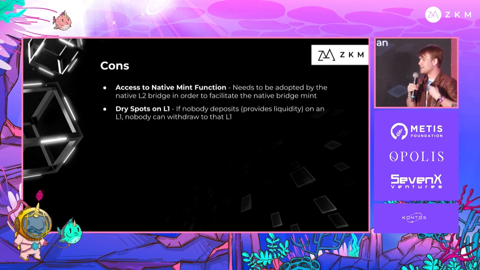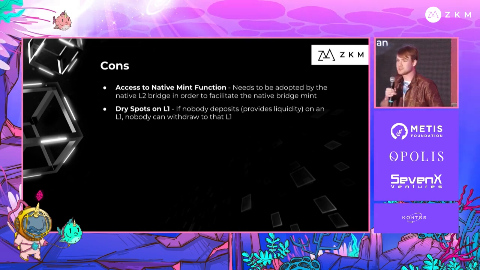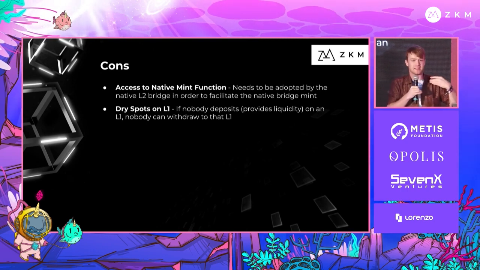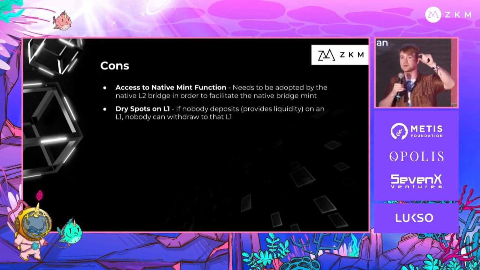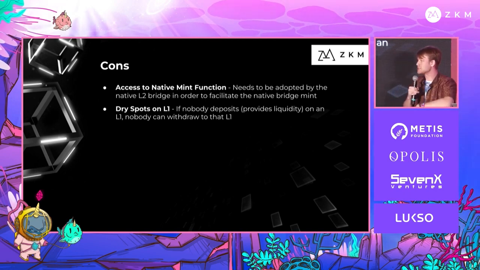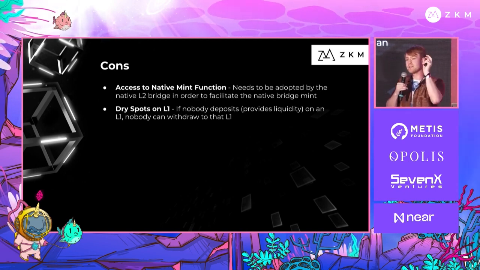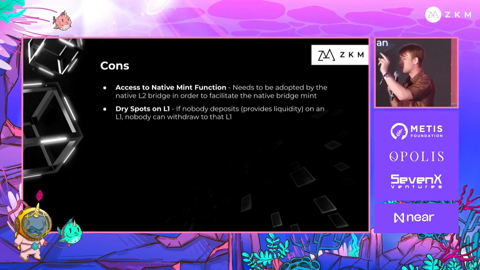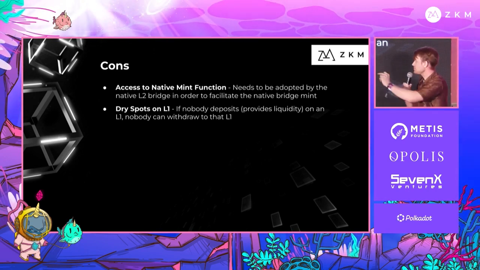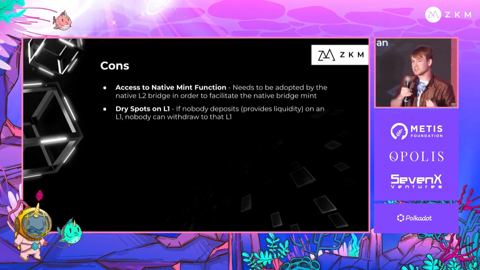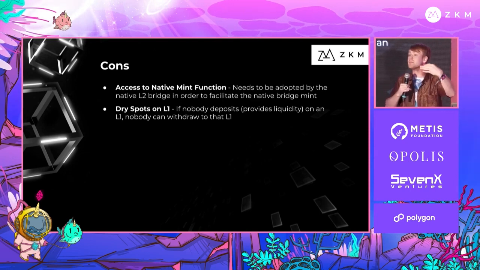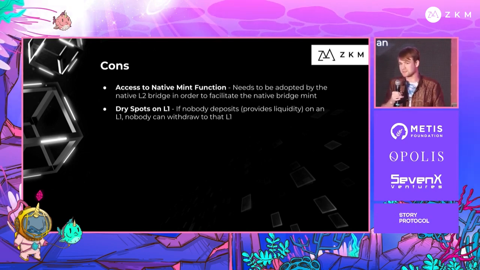What this means is that we're using the ZK proofs as a means to mint it. The only way to traditionally mint the assets is by a deposit to L1. The other way in this model is to mint it using a verified proof that you've burned the asset on some other chain. As a result, in order to convince any other chain to adopt this, we need the mint function of that chain.